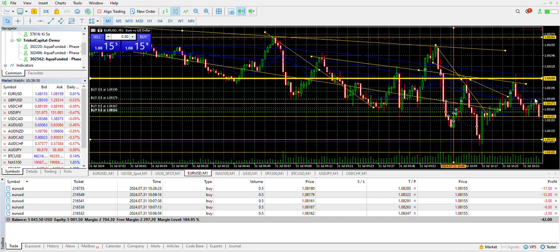So it seems to be favoring a downward trajectory. That's what it looks like. It seems to be bearish. And when I chart out the high to high, I can see that it is actually a downward sloping situation.